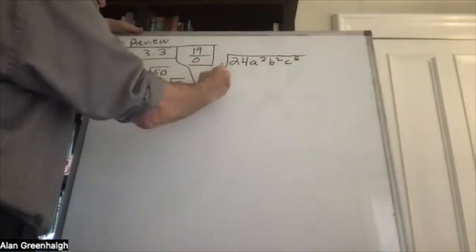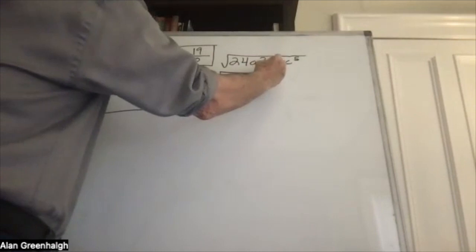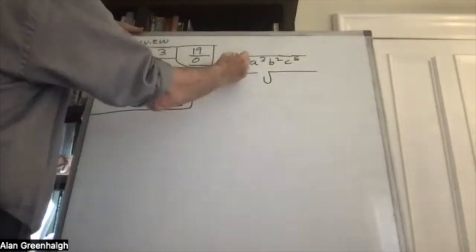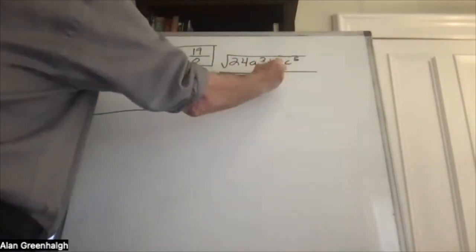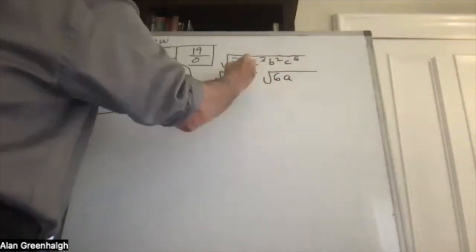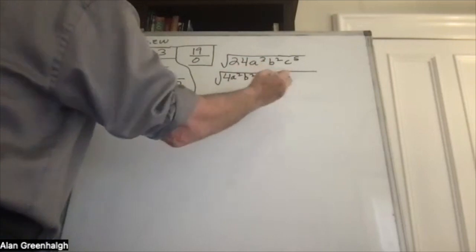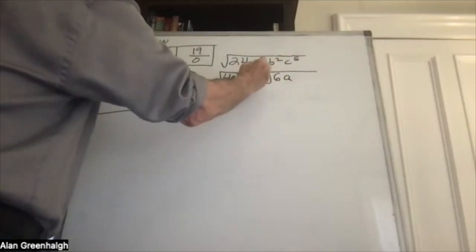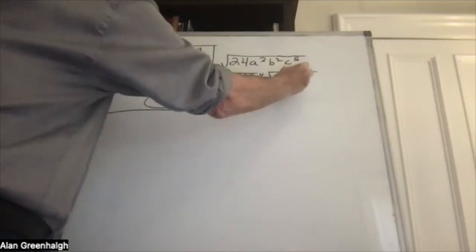Okay, so once again, 2 sets of parentheses. 4 and 6. A to the second, A to the first, B to the second. Nothing you could do there. C to the fourth times C.